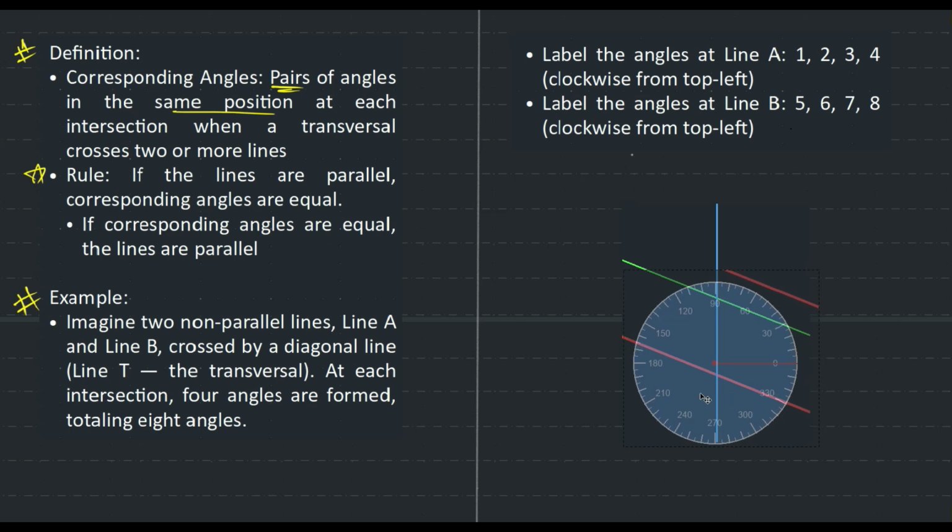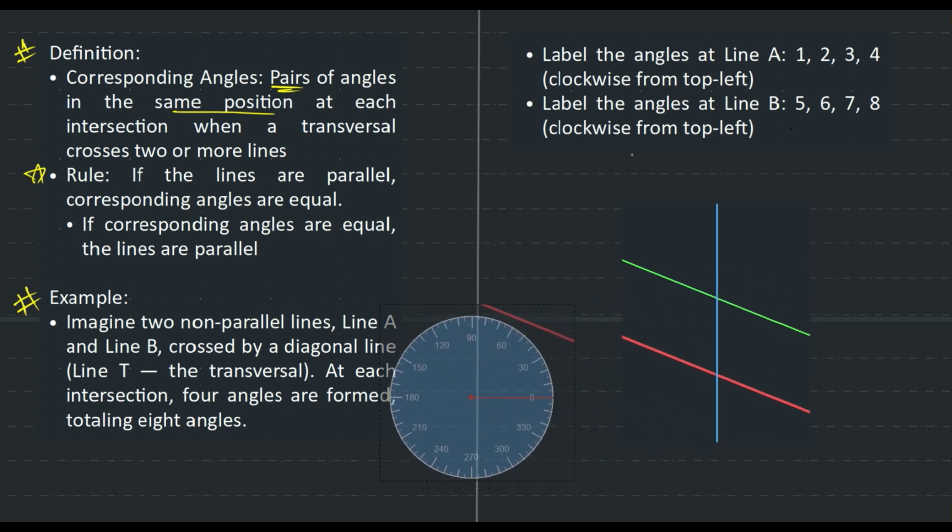But first of all, what are the corresponding angles? Let me do this activity as well. So we label line A and line B. Clockwise from top left is 1, 2, 3, 4, and 5, 6, 7, 8. This is your answer. I hope you guys have done that.